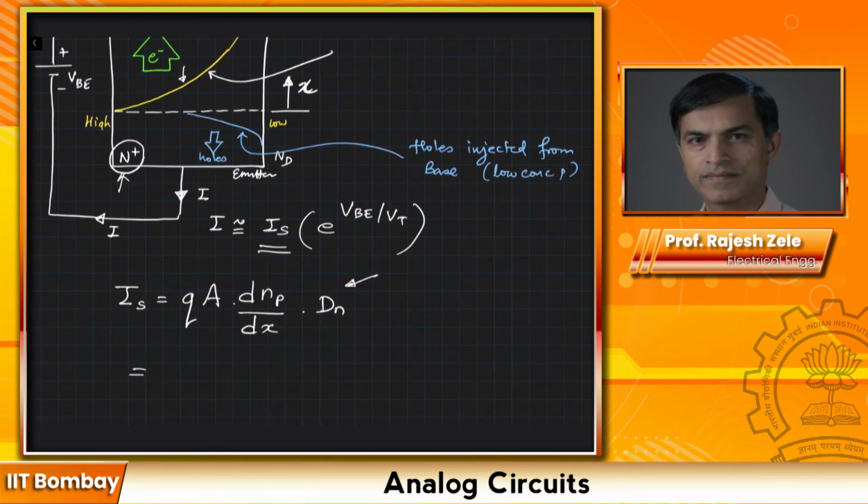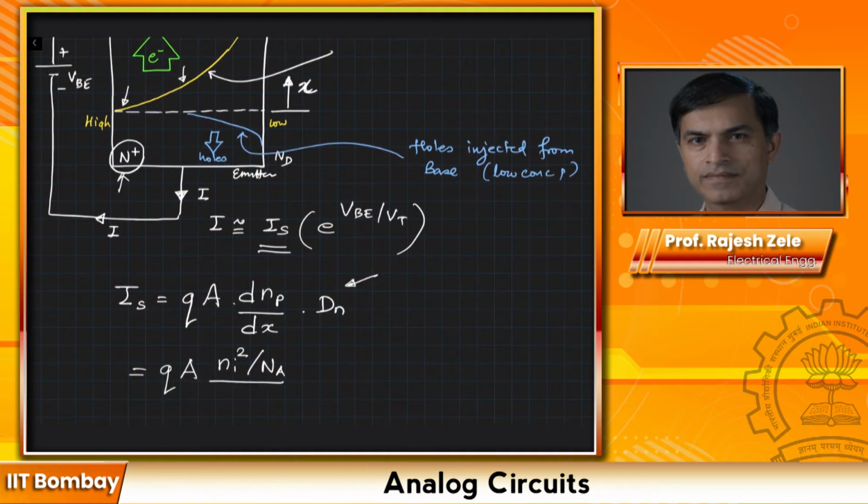So I'm going to write more details: Q, area of the junction. What is n_p? What is the concentration here going to be? The concentration there is going to be ni squared divided by NA, the acceptor concentration. That is the maximum concentration there.